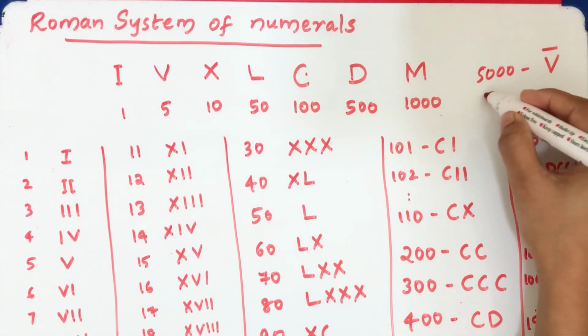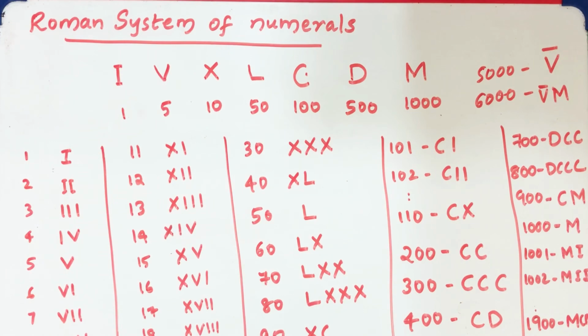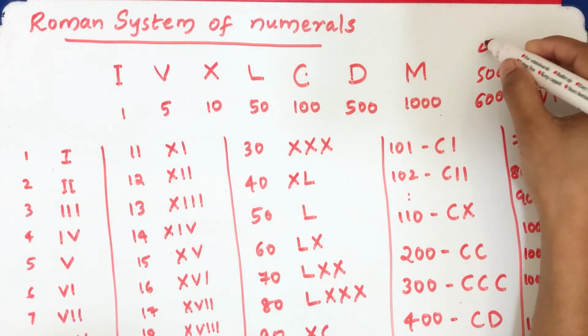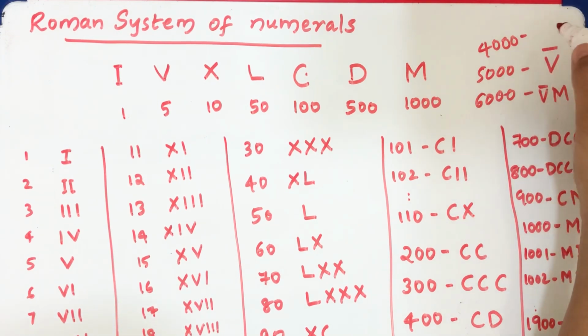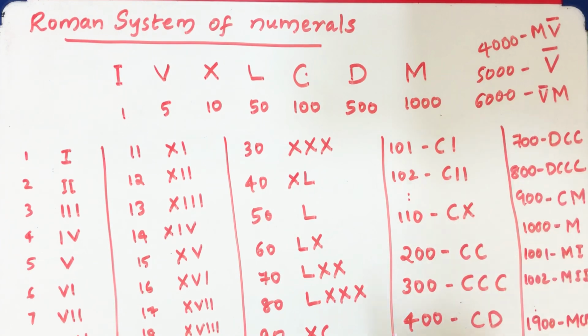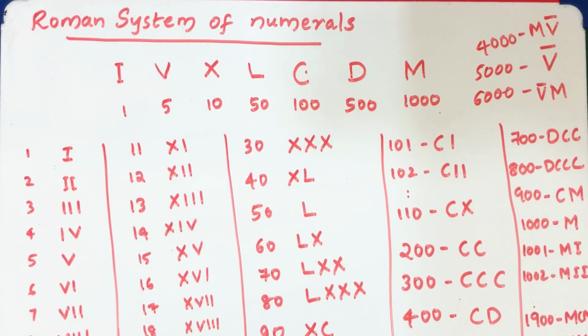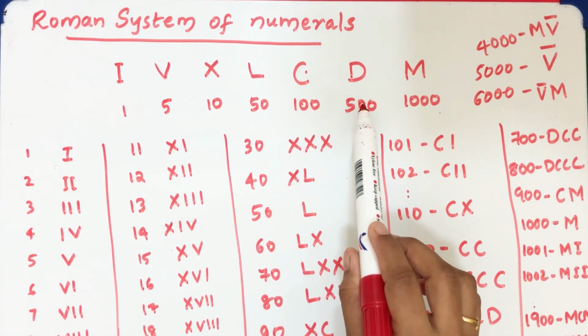So what is 6000? 6000 is 5000 plus 1000, that is V bar plus M. Or 4000 we can write 5000 minus 1000, that is M V bar. From these numbers you may notice something, that we already told that 5, 50, 500 are never repeated.